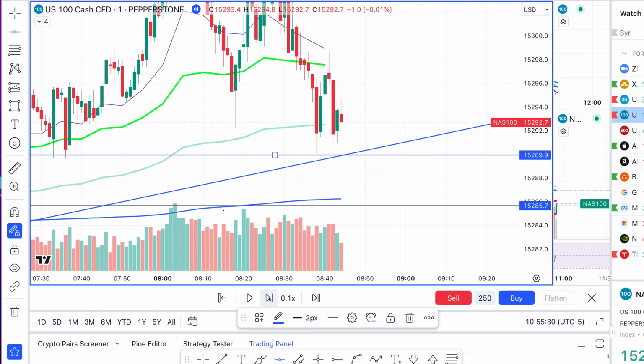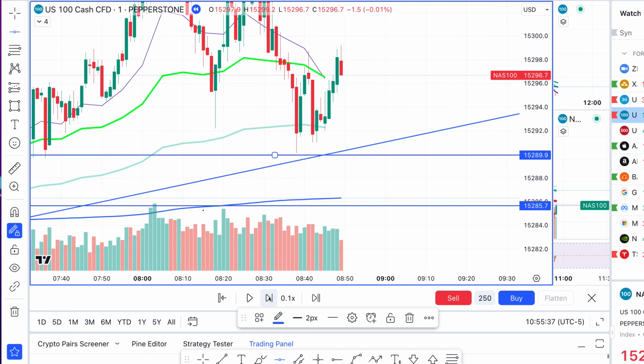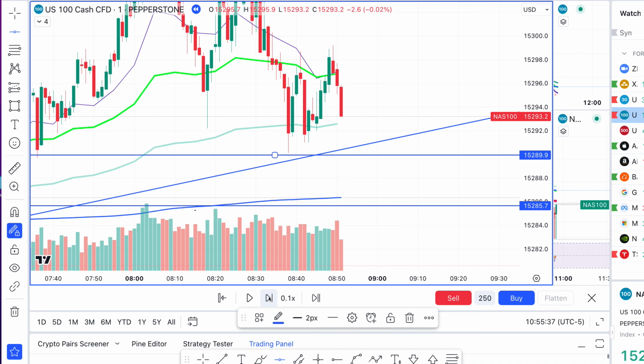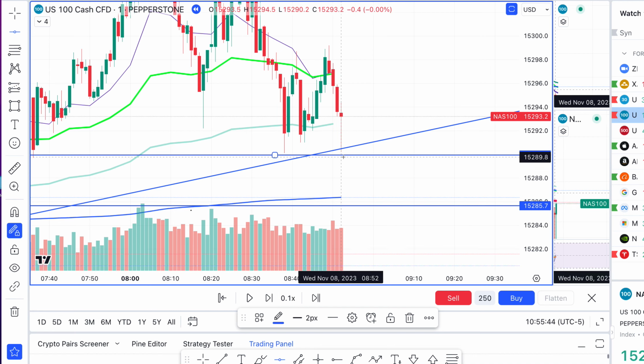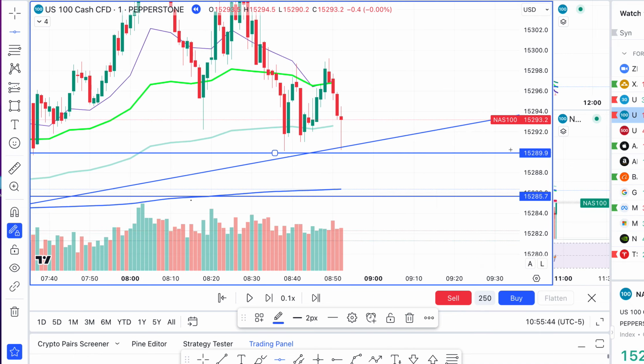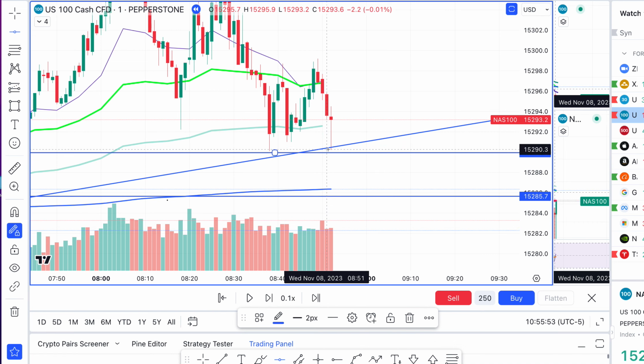So what happens? We get price dancing around again, and here it goes again. Okay. Did you see that? Did you see how quickly that wicked down off that? To me, when it wicks that fast, like a heartbeat, it goes down, taps it, and there's massive liquidity down there, massive orders.